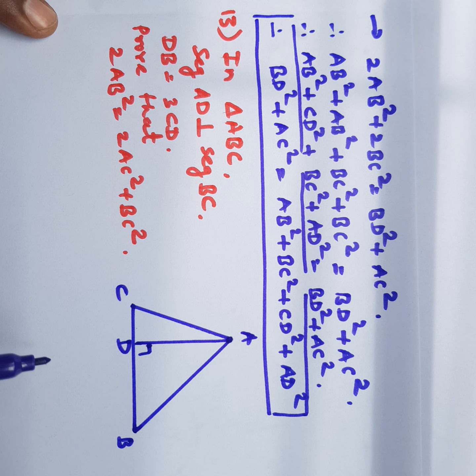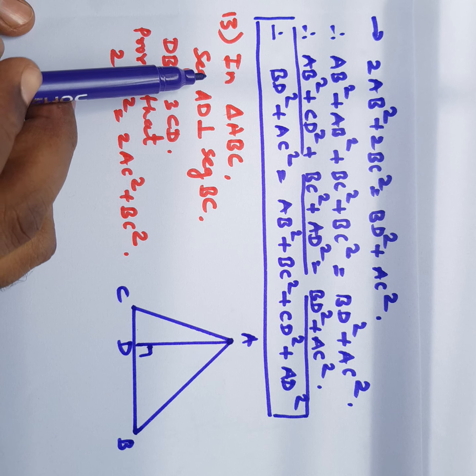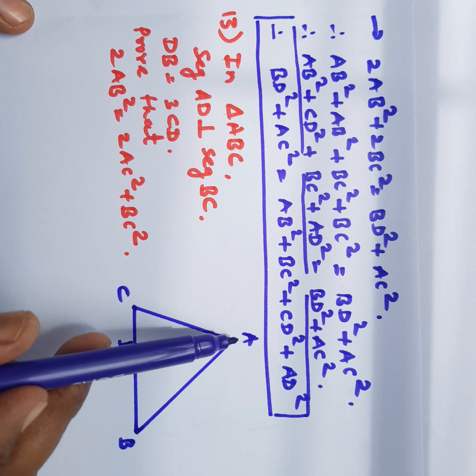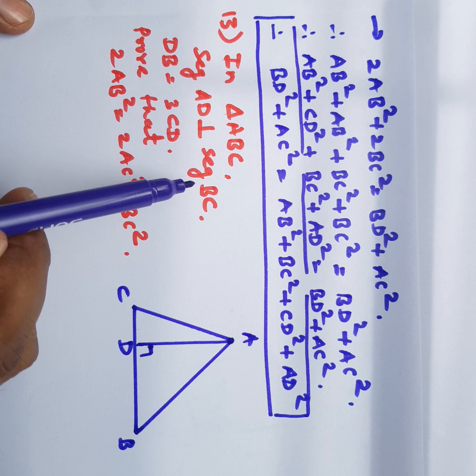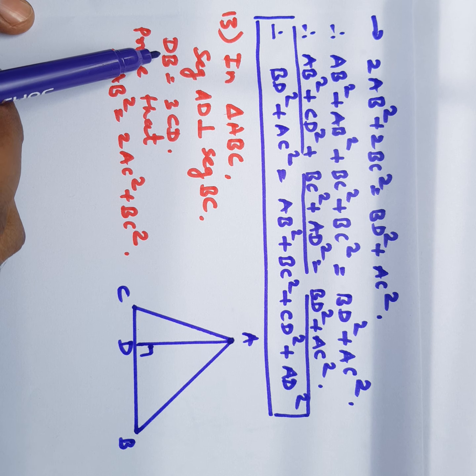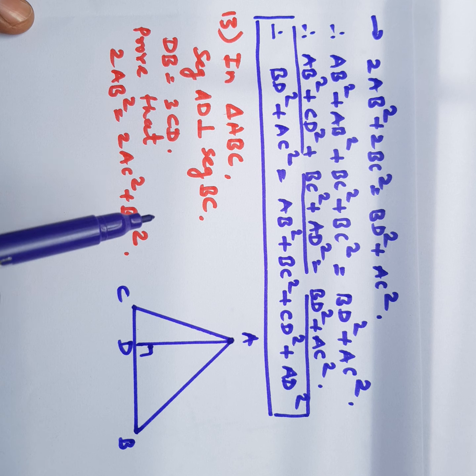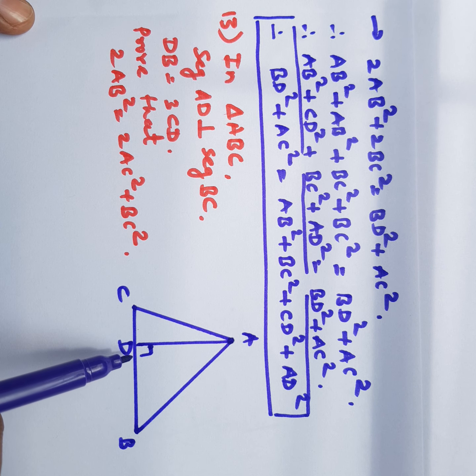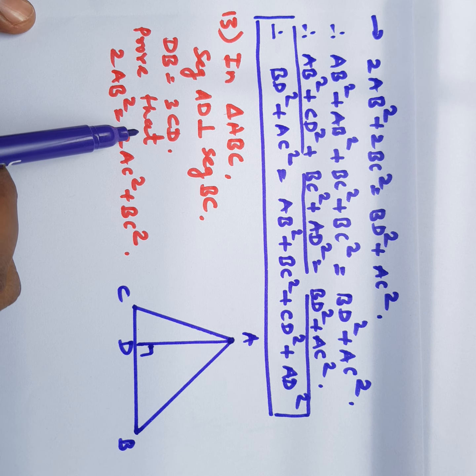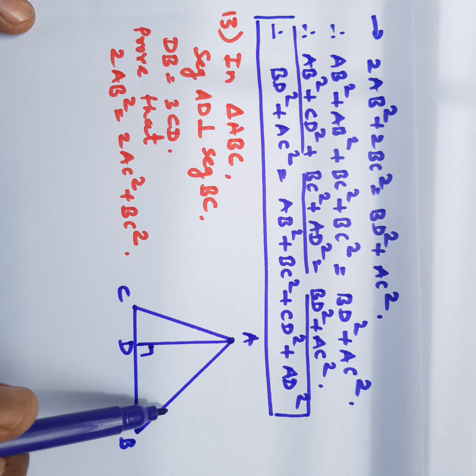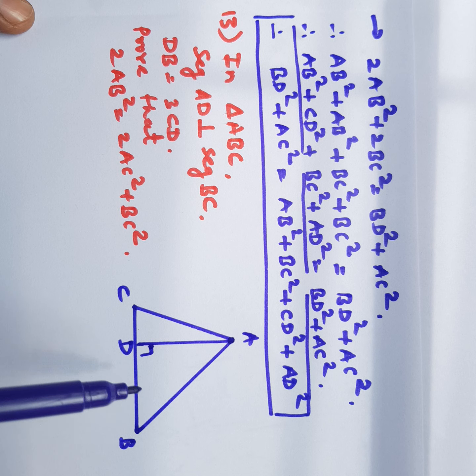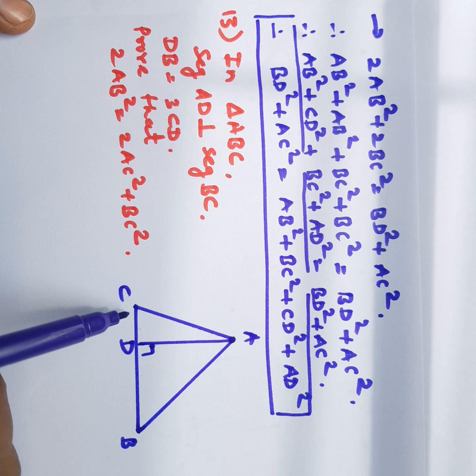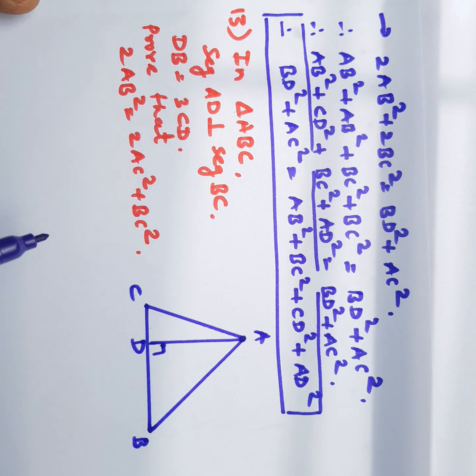See another example, example number 13 from the problem set. In triangle ABC, AD is perpendicular to BC, then DB is equal to 3 CD, means segment DB is 3 times segment CD, and we have to prove that 2 into side AB square is equal to 2AC square plus BC square.